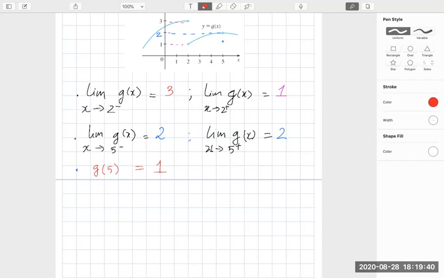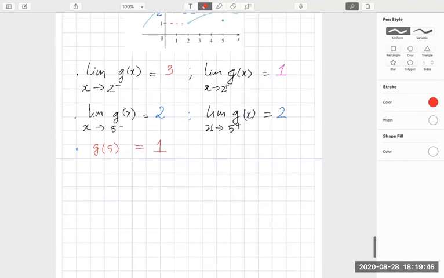What can we say about this? So we see that the limit of g of x when x approaches 5 is 2, because the limit from the left and the limit from the right when x approaches 5 are both equal to 2, then the limit does exist.